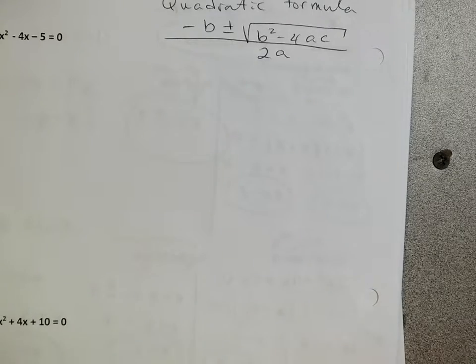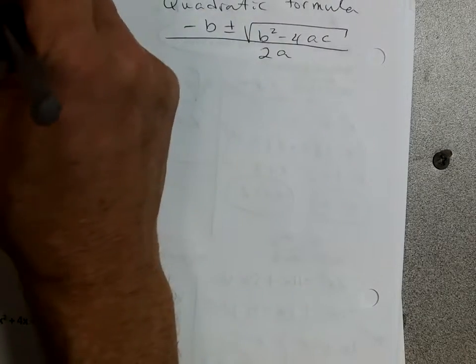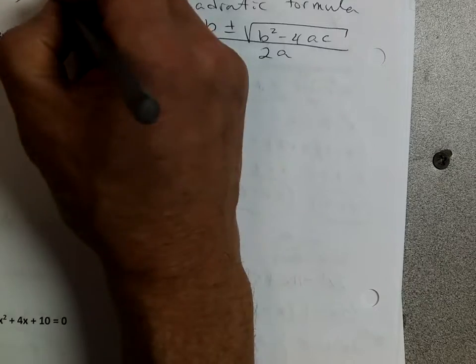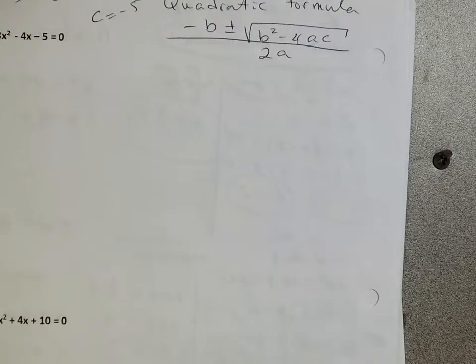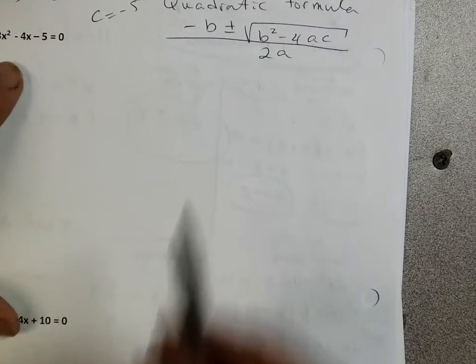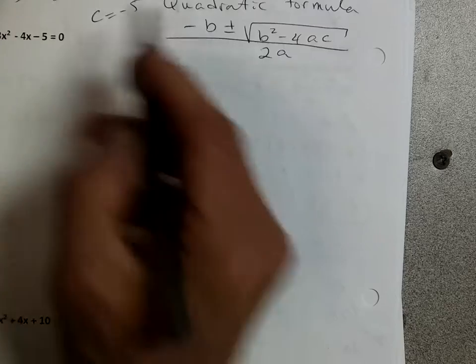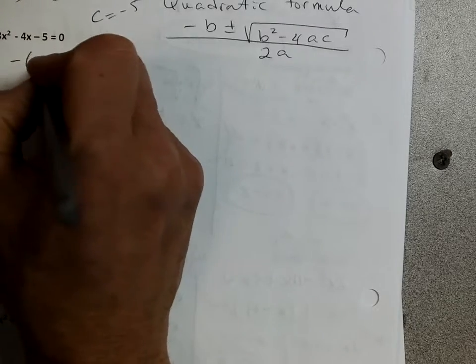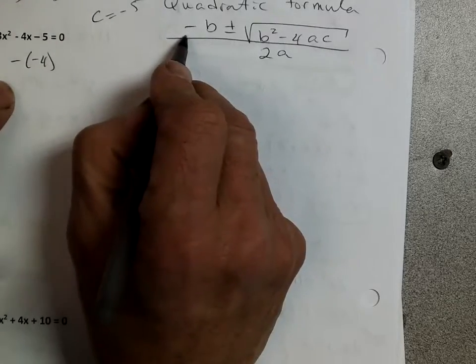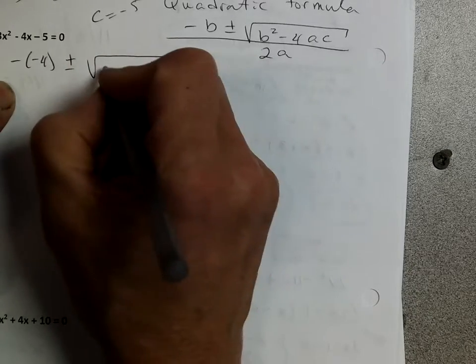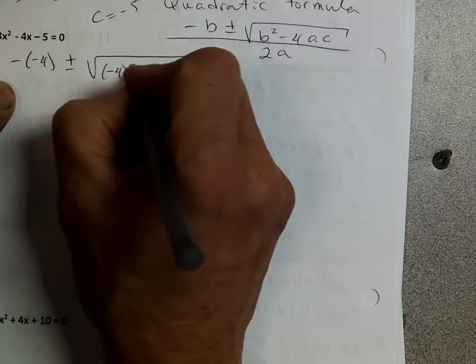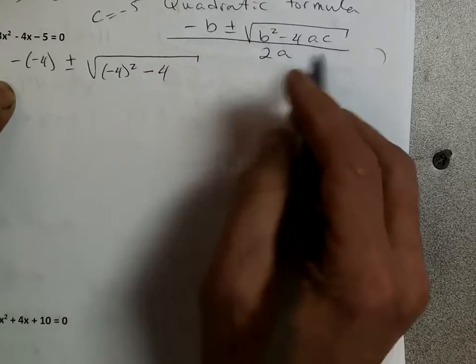This takes me time. So a is, in this case, 3. b is negative 4. And c is negative 5. We're just going to plug and chug, right? So negative b, and b is negative 4, plus or minus the square root of b squared, which is negative 4 squared, minus 4, and the 4 is part of the formula.